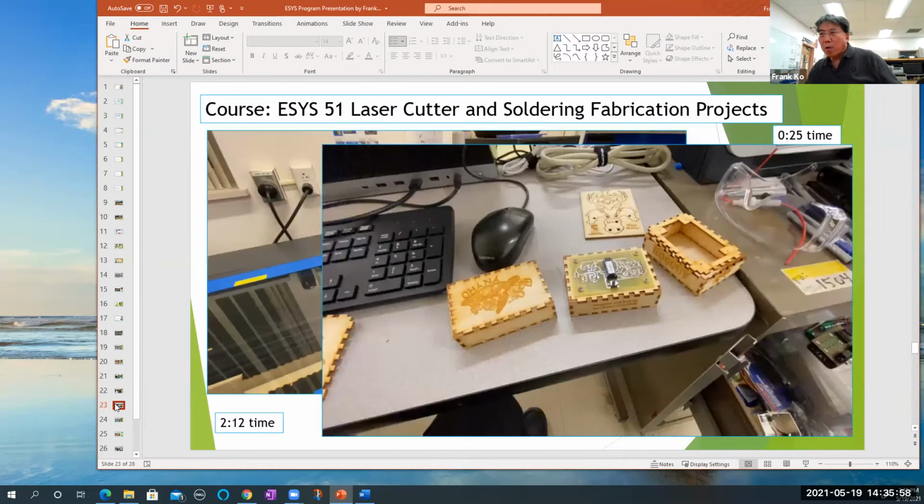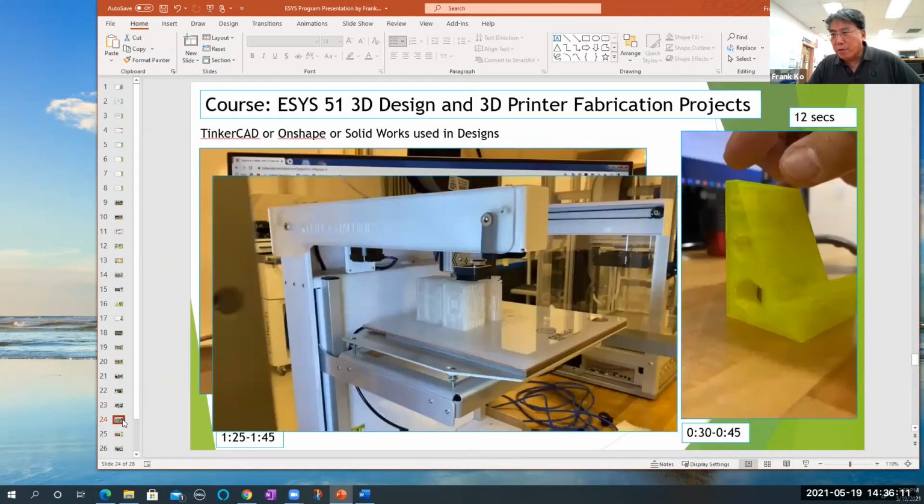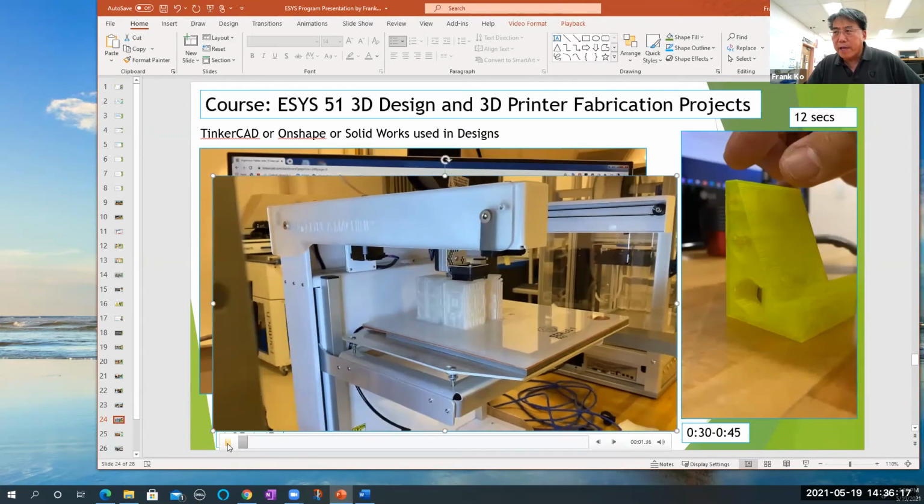Okay, and in the fabrication course, we also have laser cutting, 3D printing, metal cutting, metal stamping, building projects hands-on. There's an example of the 3D printer actually in progress of making something.